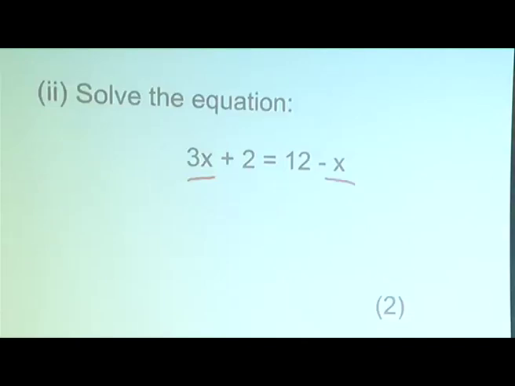We also have x that side. But the question is saying solve the equation. In other words, solve for x. We need to mention this because if we are solving the equation, you need to know that we solve for the unknown variable that is given in that particular equation.